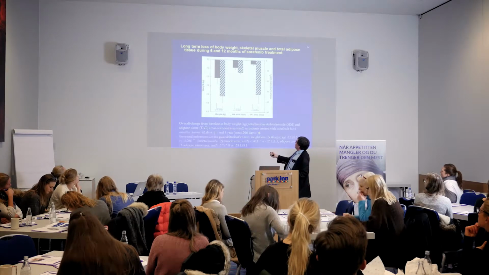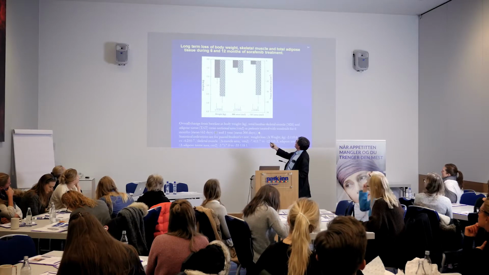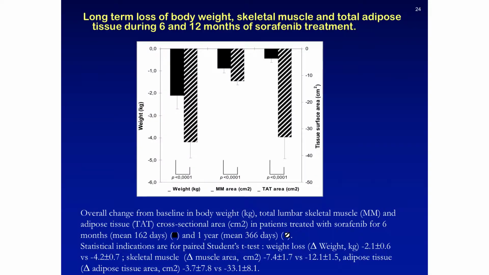Yes, they lost weight. So these are the sorafenib-treated patients, and these are the placebo-treated patients. What they really lost, this is at 6 months and 12 months. What we discovered is they lost weight, but they really were losing a lot of muscle and eventually also a lot of fat.